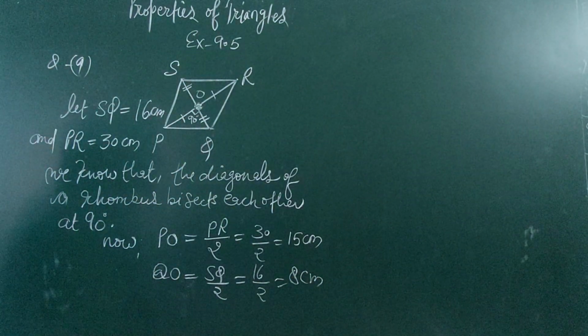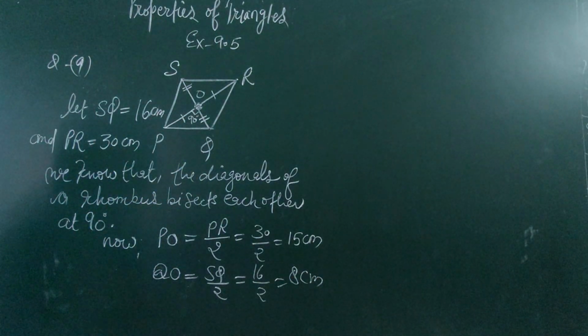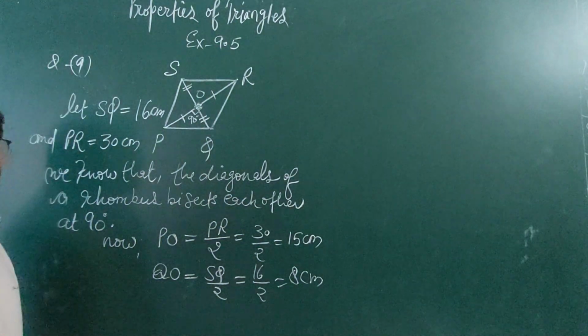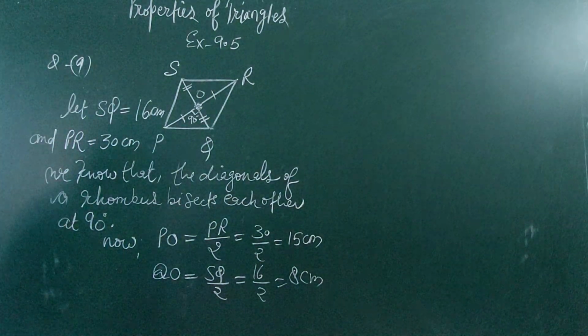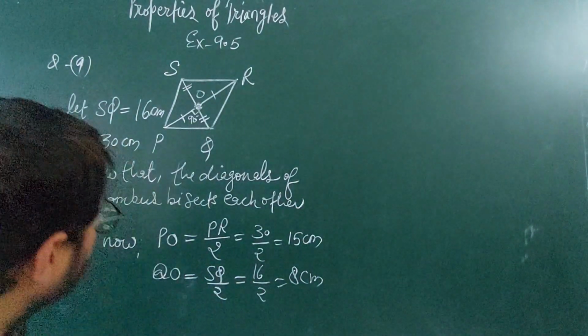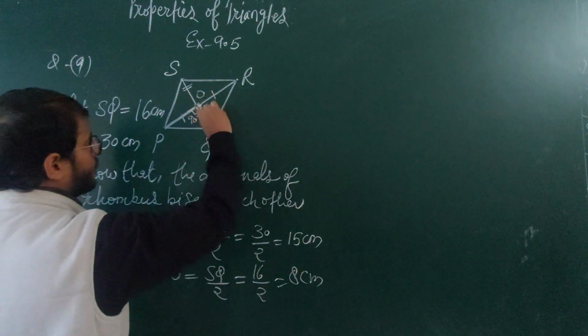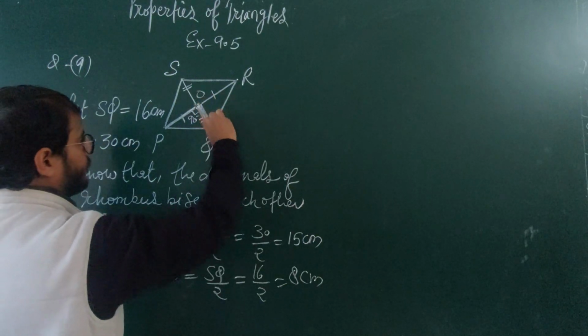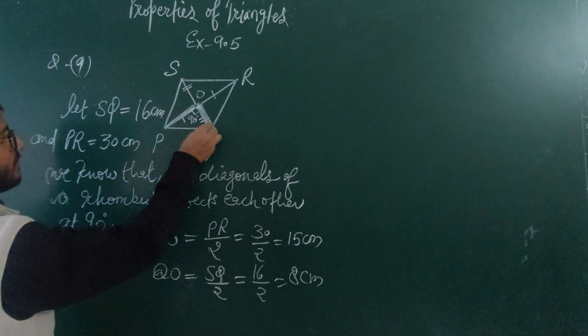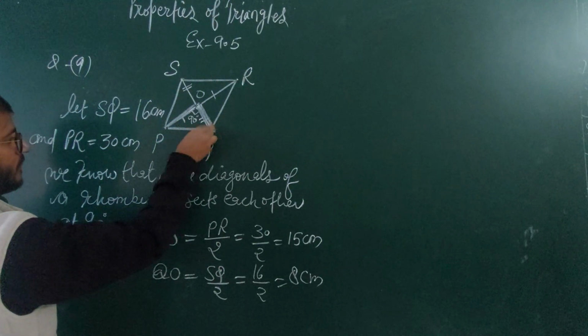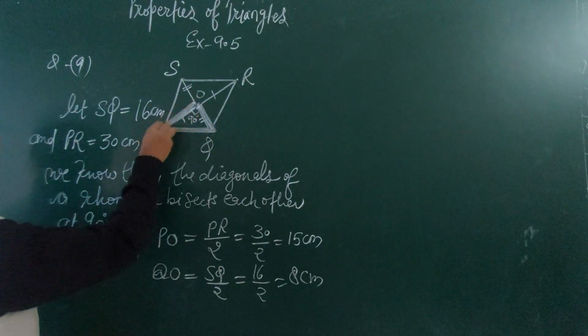We have got two sides of one triangle. Now focus. We are talking about which triangle? I am talking about this triangle which I am highlighting. This is the triangle. Focus here.